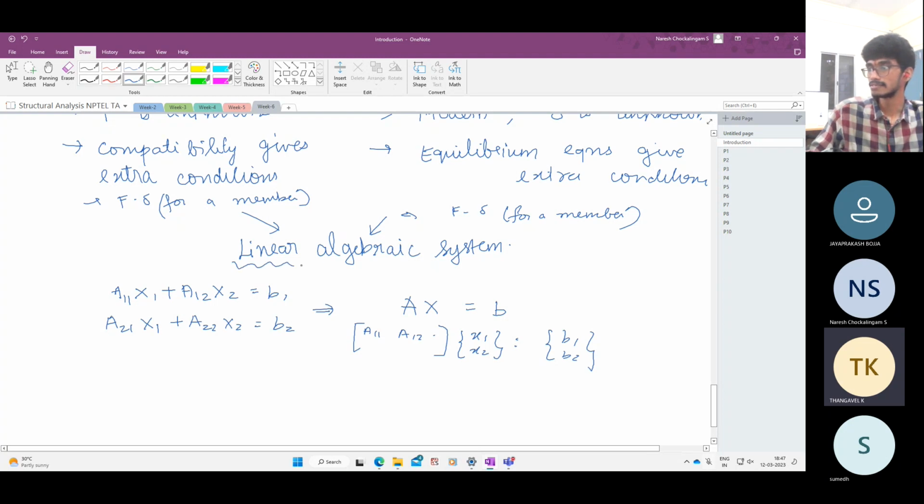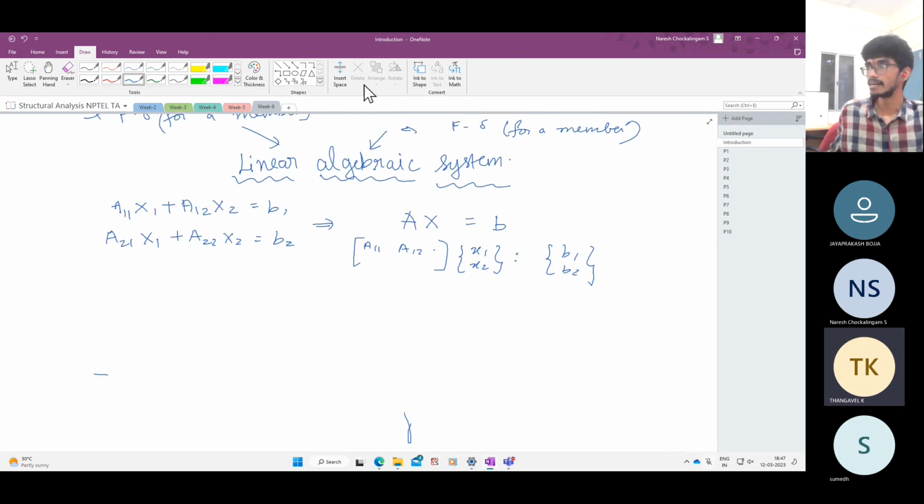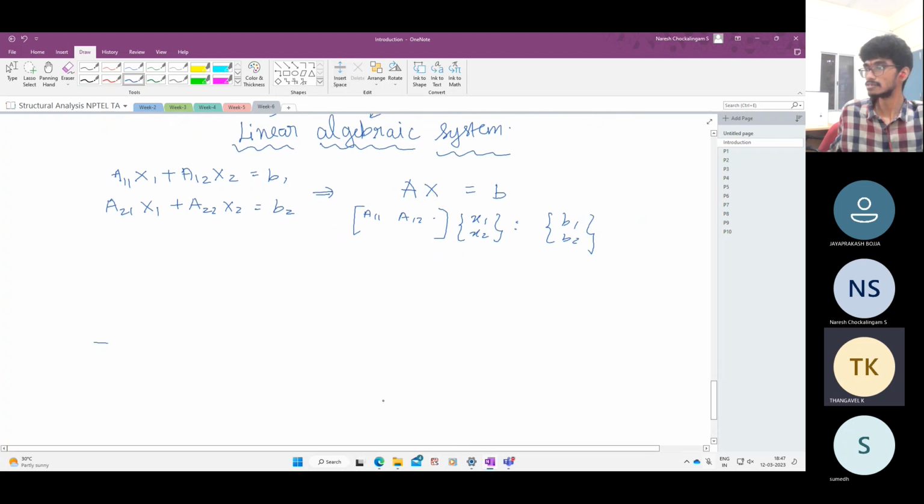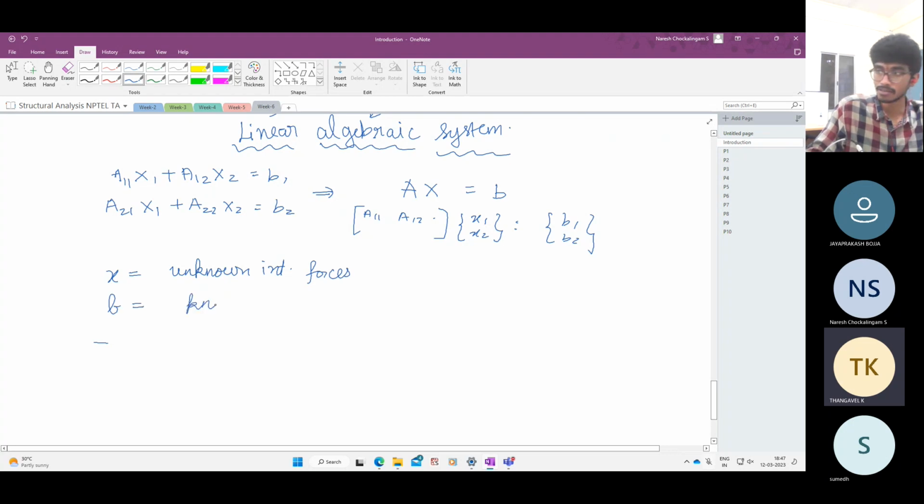So both of these methods end up in some algebraic system. In the force method, the unknowns x are unknown internal forces. What is b? b will be known displacement constraints.